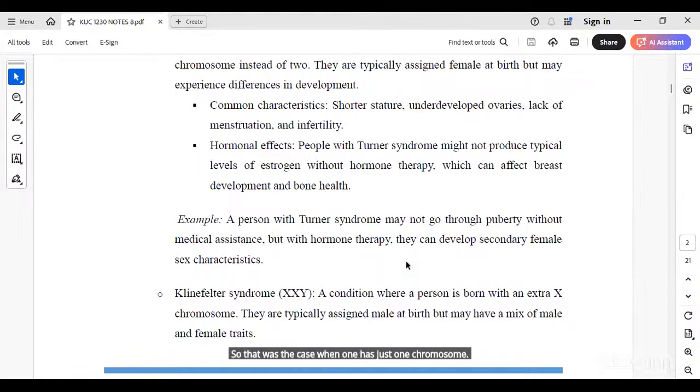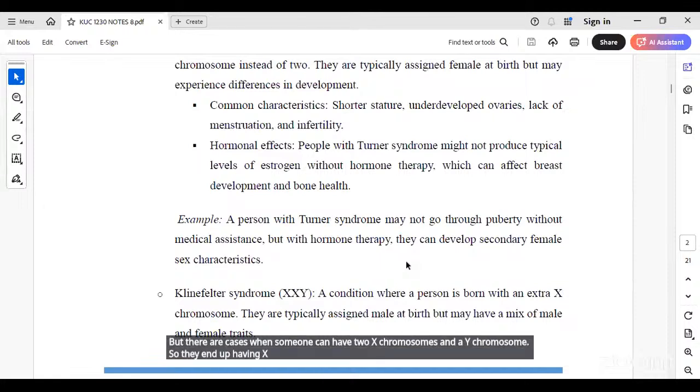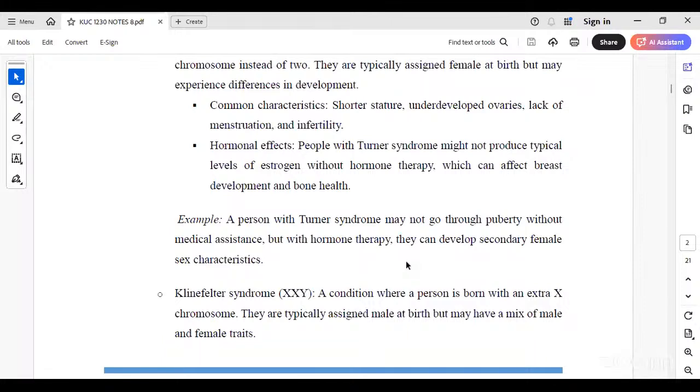But there are cases when someone can have two X chromosomes and a Y chromosome. So they end up having X, X, Y. This is a person who has an extra X chromosome.